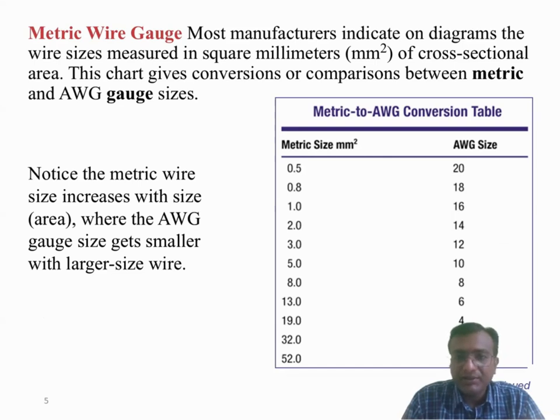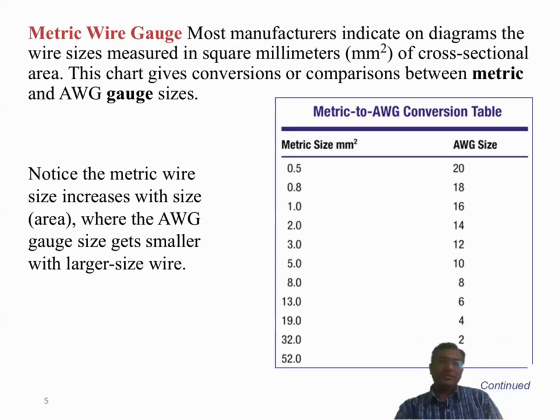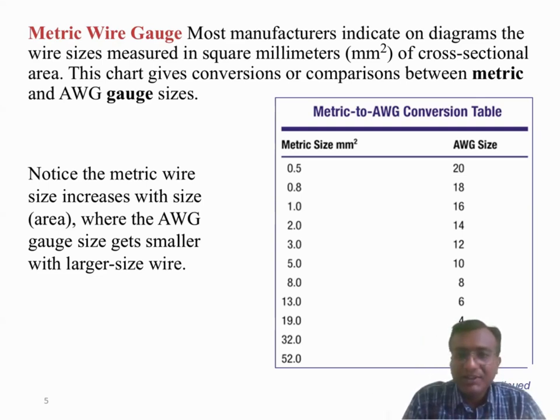You can see that if the metric size, that is the cross-sectional area, is 0.5 square, the AWG size is 20. And if the cross-sectional area is 52, then the size is around 0 gauge AWG. So 0 gauge AWG corresponds to a 52 square cross-sectional area of the wire.